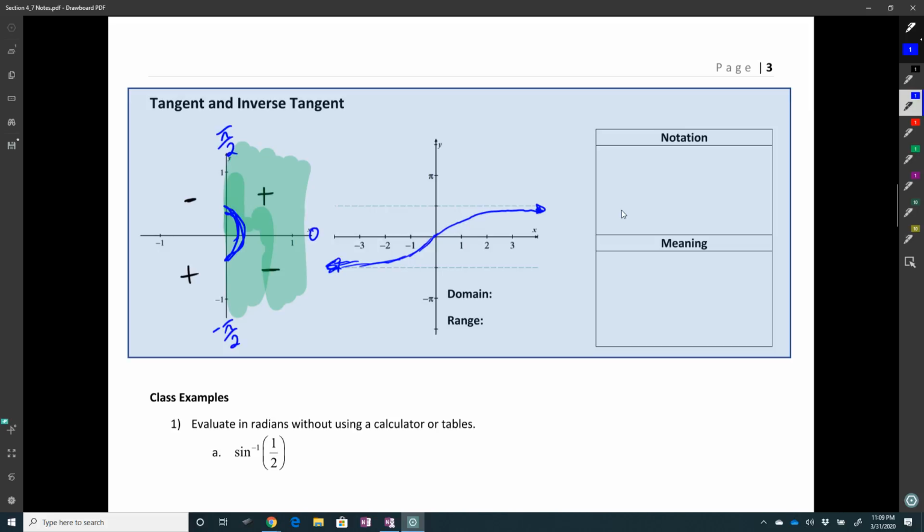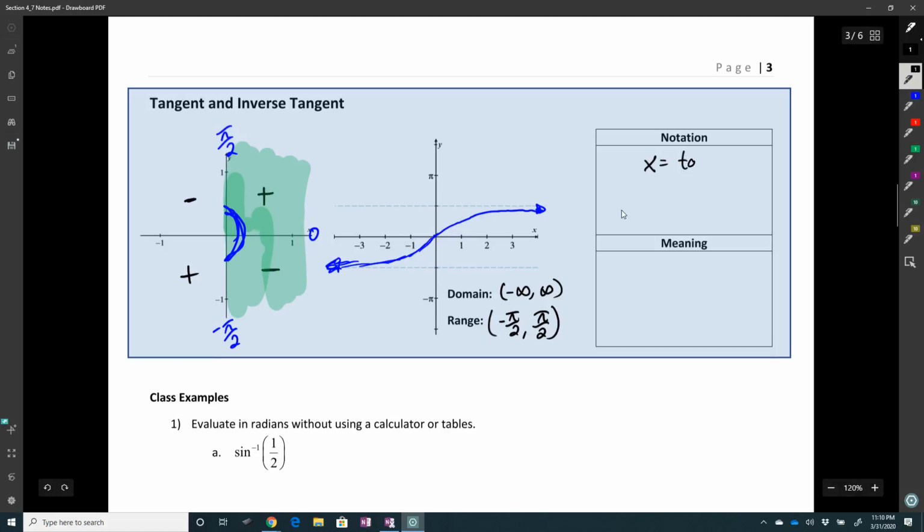So the domain for inverse tangent is everything actually. Notice the arrow goes on forever to the left and forever to the right. The range is negative pi over 2 to pi over 2. Parentheses, not brackets, because it never actually touches. Okay, so the notation is the same as before.